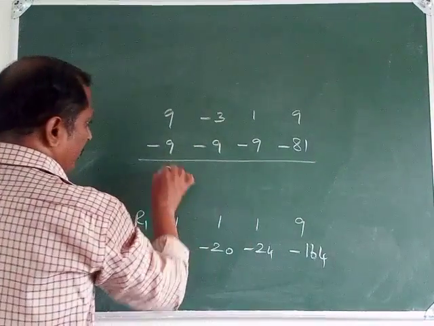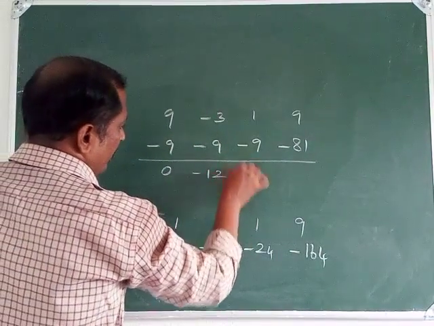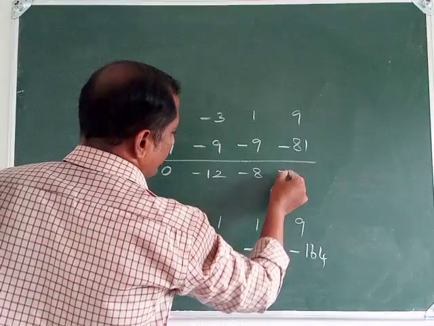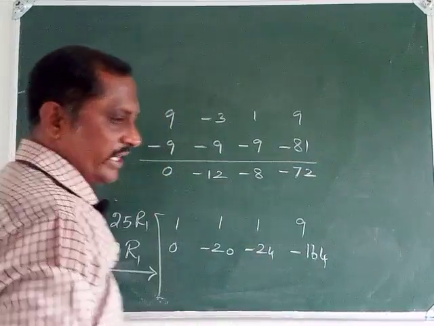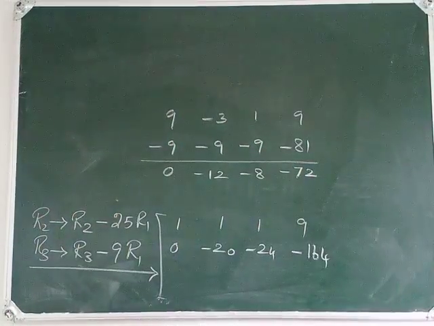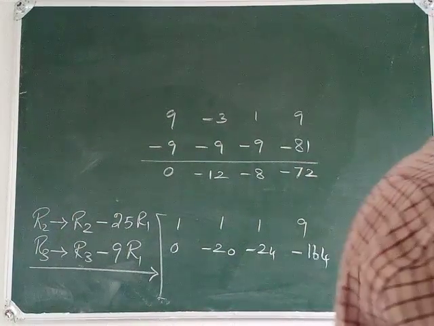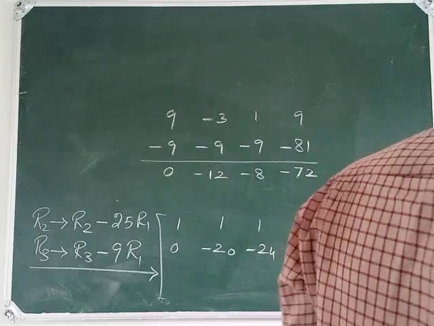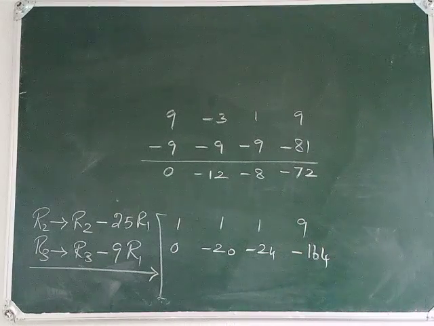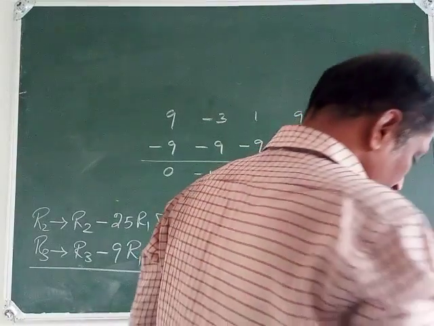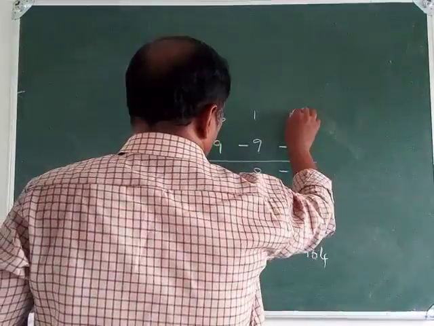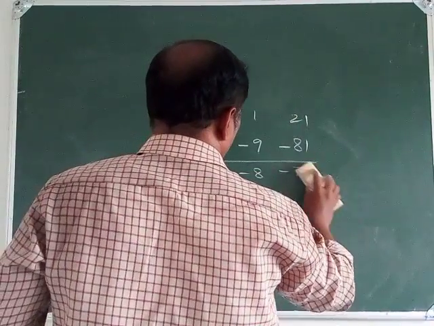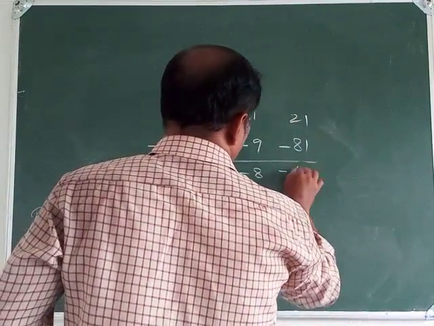Adding this, we get 0, minus 12, minus 8, minus 60.